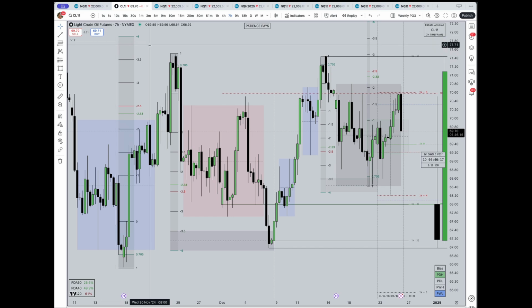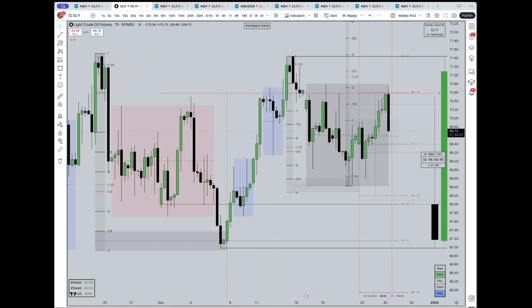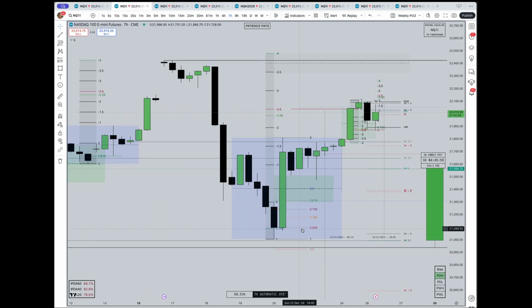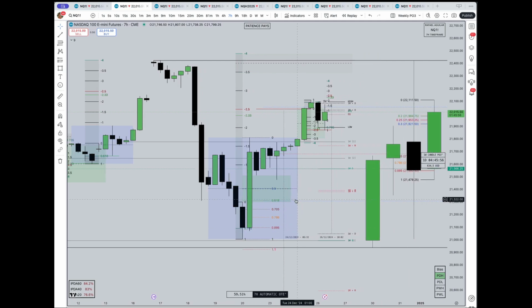Like here on crude oil, look, high to the low, 3.5 and 4. Low to the high, 3.5 and 4. It's the same for all assets. But Nasdaq is very precise because it's the one that I trade daily. So this is basically what I do to frame it.